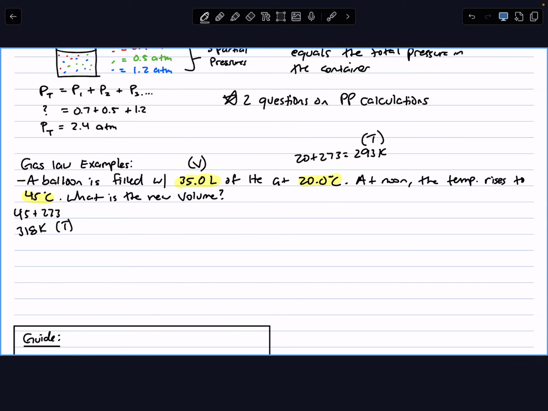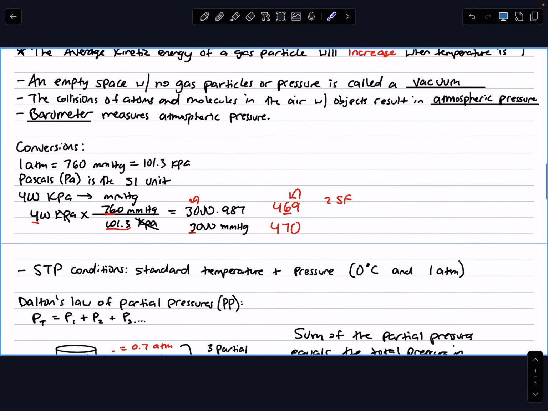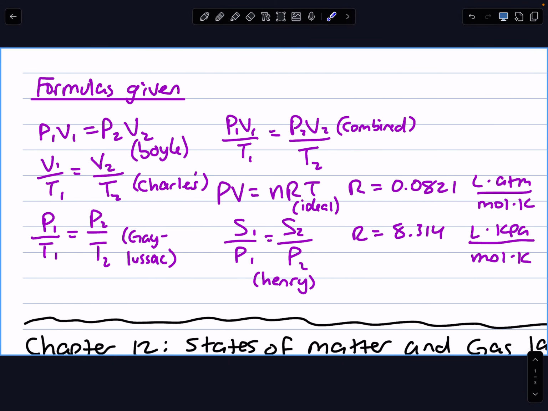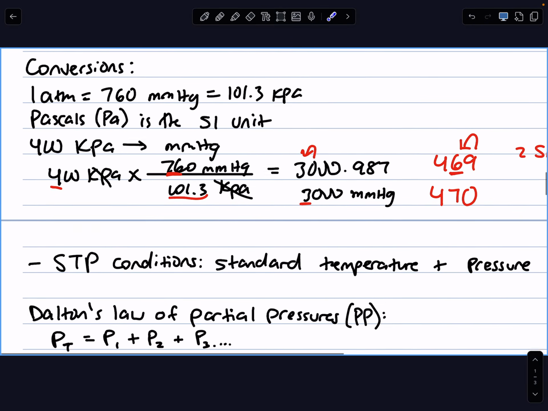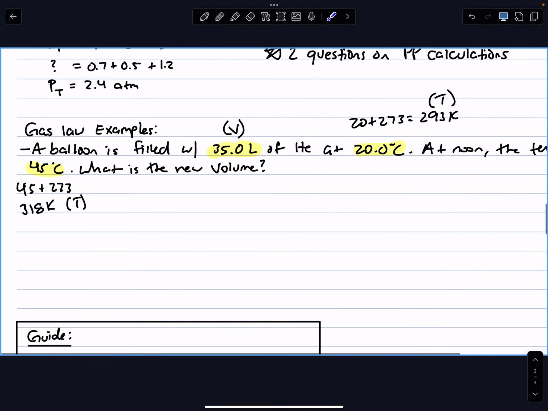What formula has V and T? You get the whole list of formulas on the purple sheet. So which one has V and T? This one. I don't give you the names though.